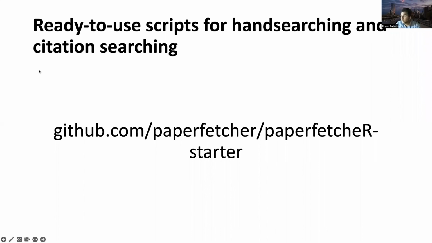Now this script, and also some other scripts for citation searching, are available on our GitHub page. Here's the link. Definitely check these out, as these are almost ready to use. You just need to change a couple of parameters.